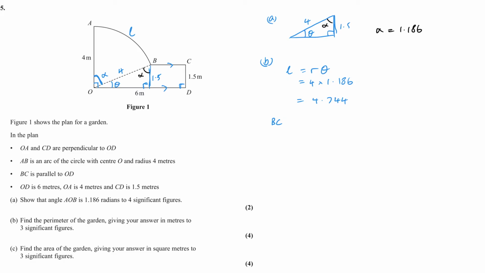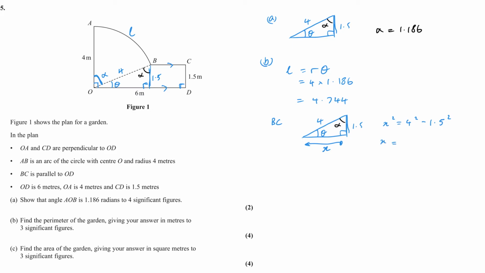So again, now I'm going to take my triangle, and what I want to find is this length here. So it's this length at the bottom, and then 6 minus that will be my answer. I can do this with Pythagoras, I could do this with trigonometry, it doesn't really matter, but I'm going to call this x. So x squared is equal to 4 squared minus 1.5 squared.